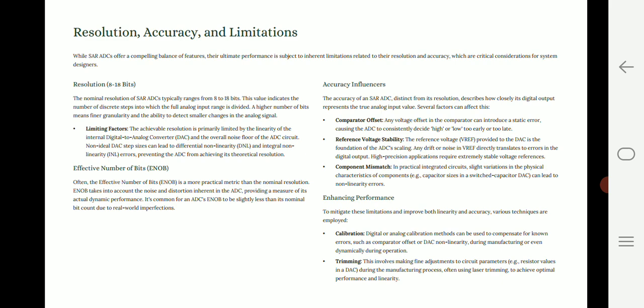To achieve this, we need to address factors like comparator offset, reference voltage stability, and component mismatch. And for enhancing performance, we apply various techniques like calibration and trimming. So based on these parameters only, we measure the performance of a SAR ADC.